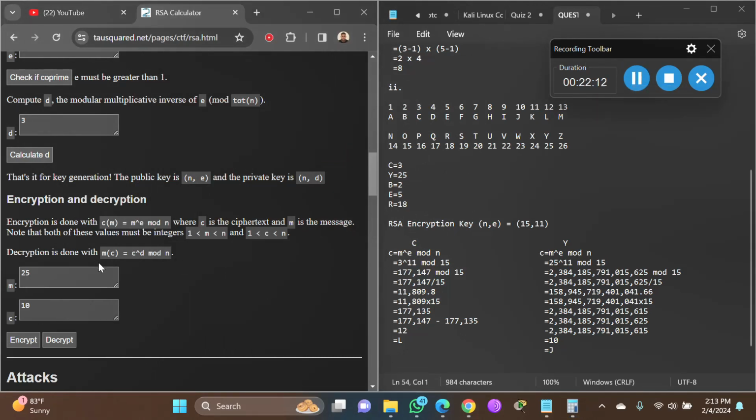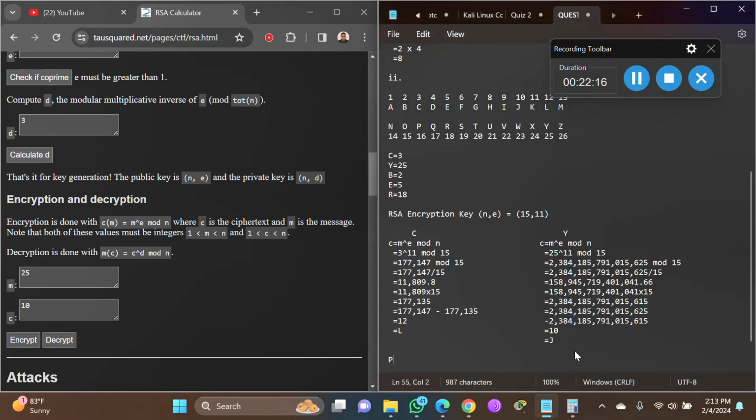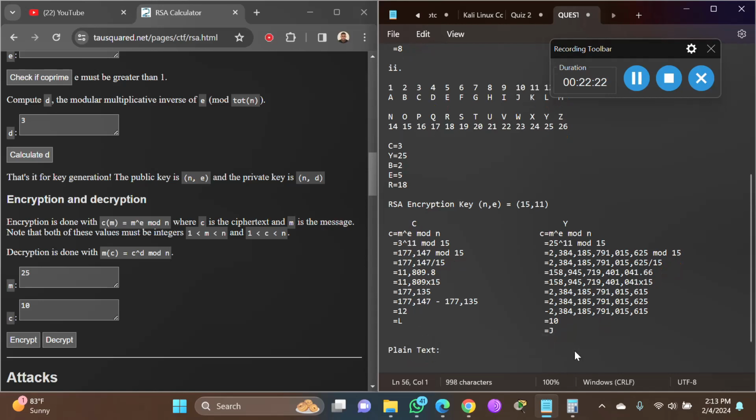Okay, so now that you understand how to use this, because I don't want to waste time, I'll say plain text, then cipher text. As you can see, our plain text was CYBER.